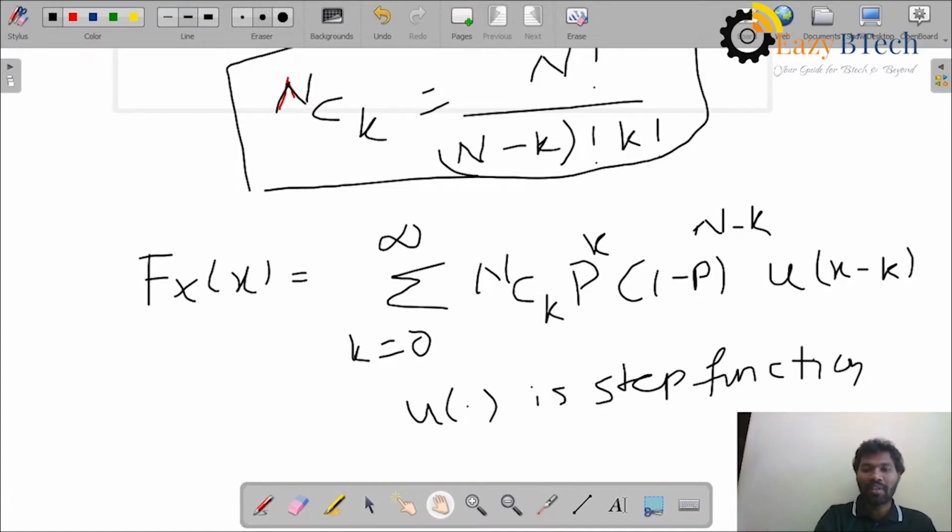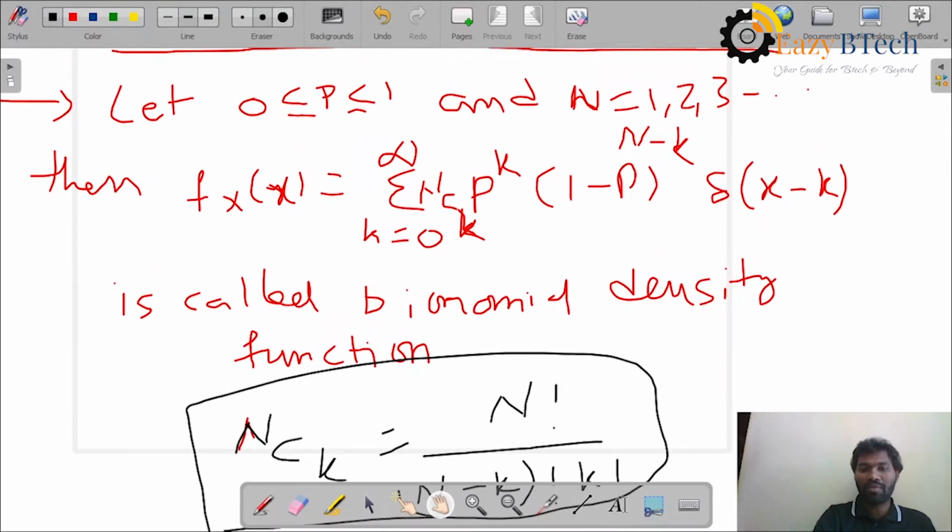In the same way, in the above expression, delta is the impulse function.